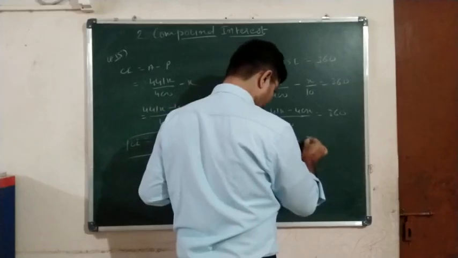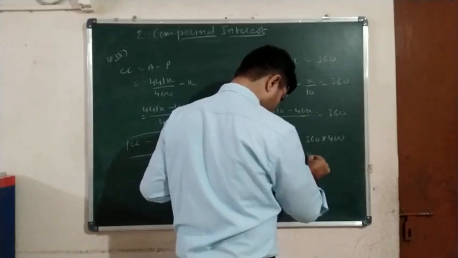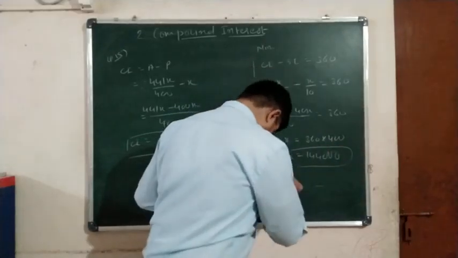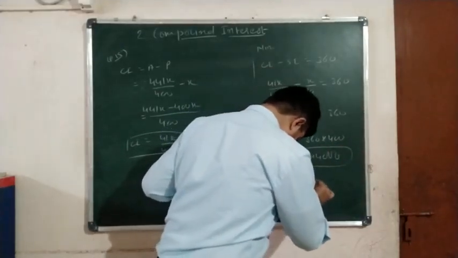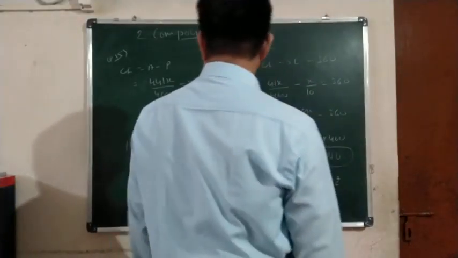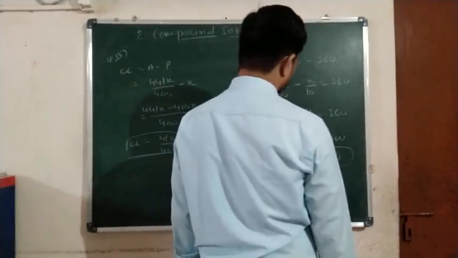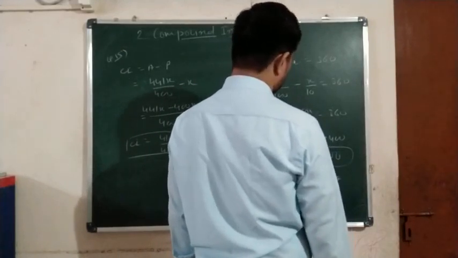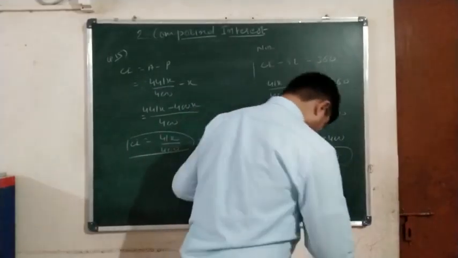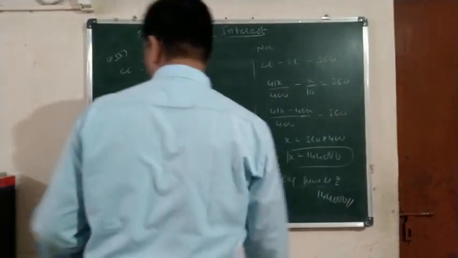Therefore x is equal to 360 into 400. Therefore the required sum is rupees 1,44,000.